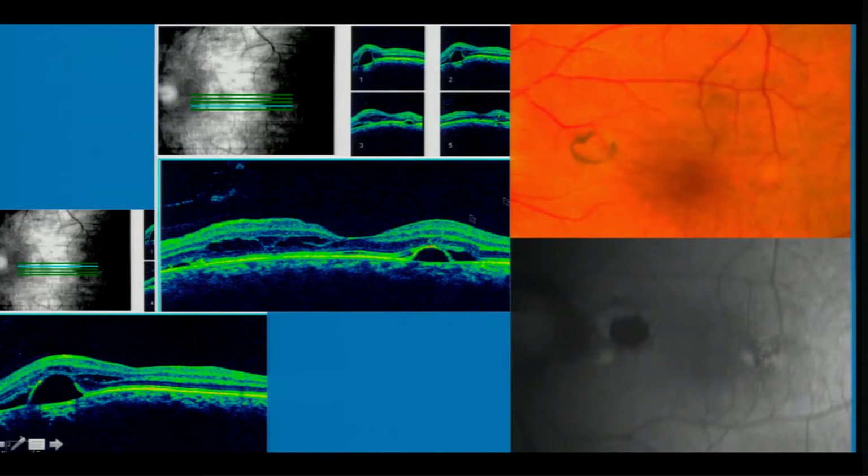This is not the end of it. You go to another type of PED, again a serous PED. So this is a patient who has a PED here and a PED here. The upper scan shows this PED like this, and the lower scan shows this PED in this image.